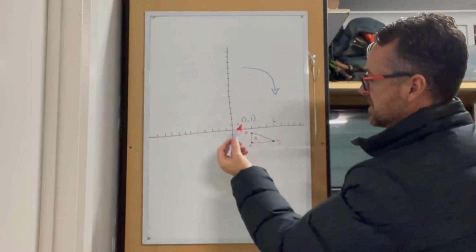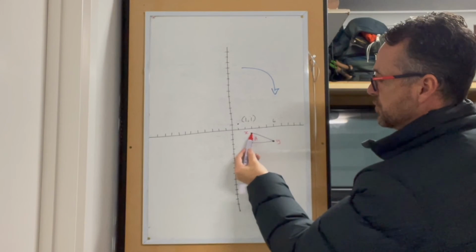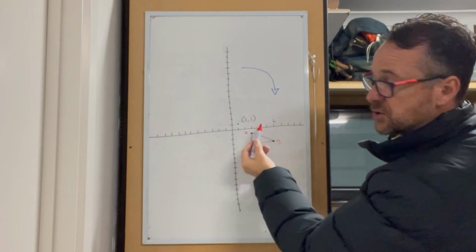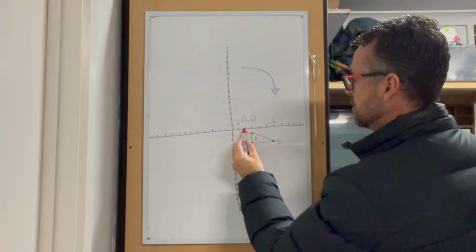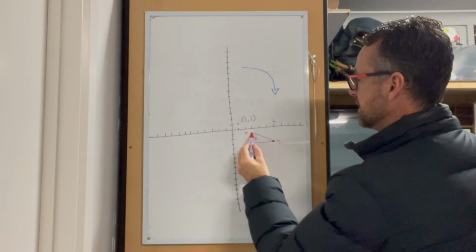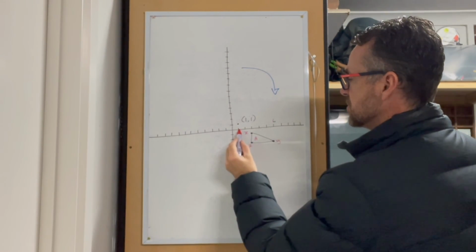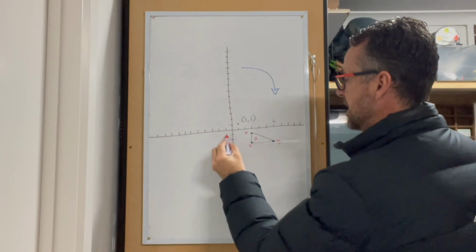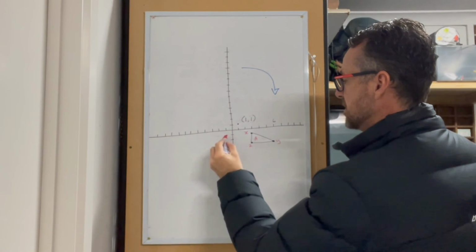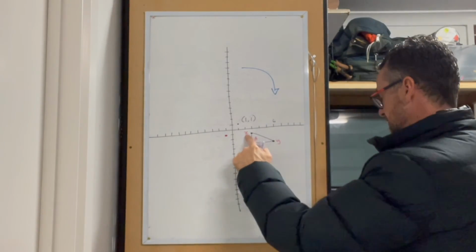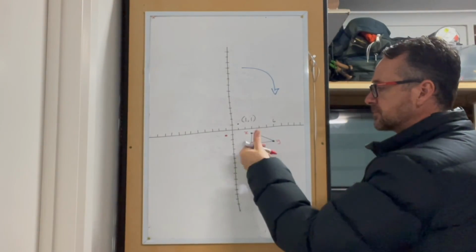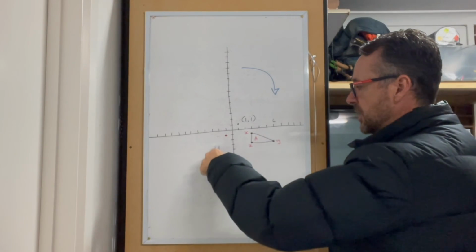So what we do is I take the point here, X, which is closest to our rotation point, and I need to go across 2 and down 1, okay? So from here I can go across 2 and down 1, and then that becomes my new X value point. So that becomes X1. And remember, I'm rotating it that way.